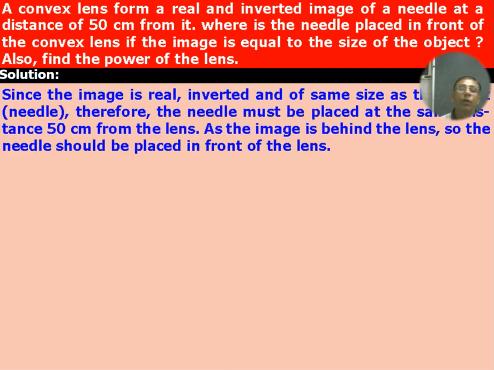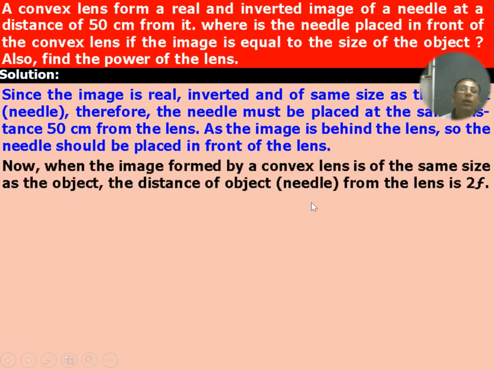So first we will find out: the image is real, inverted, and of the same size as the object or needle. Therefore the needle must be placed at the same distance, 50 cm, from the lens. As the image is behind the lens, the needle should be placed in front of the lens.